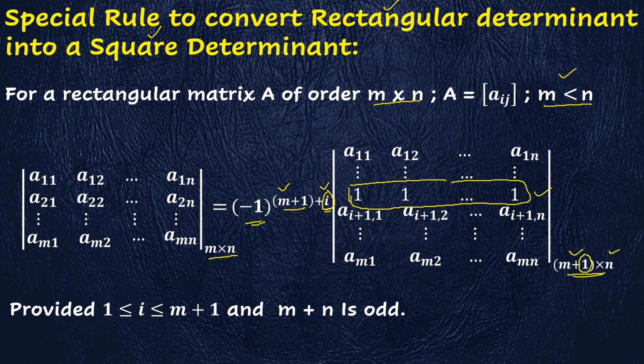I can be inserted at any position from 1 to m plus 1. Also note that this method is applicable only if m plus n is an odd number. So these two conditions, that is m is less than n and m plus n is odd, must be satisfied.